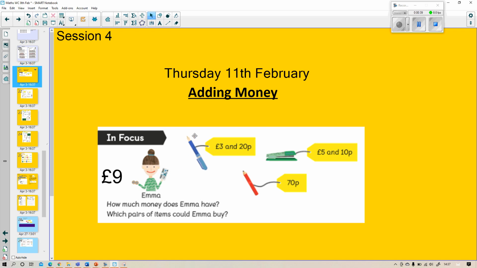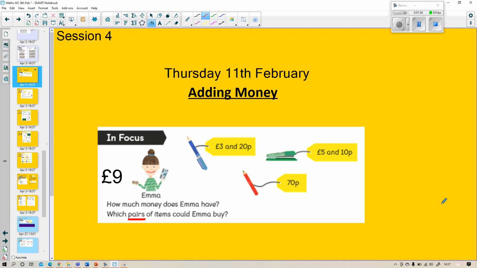Now in this shop we've got a pen for £3.20, a stapler for £5 10p, and a pencil for 70 pence. And the question says, which pairs of items could Emma buy? Now that's really important. It doesn't ask you which things she could buy, it asks you which pairs of things Emma could buy.